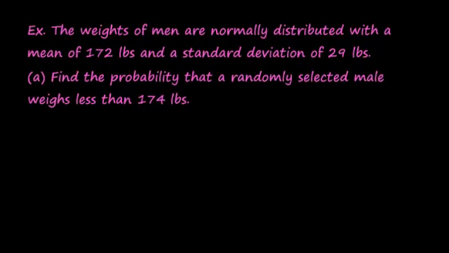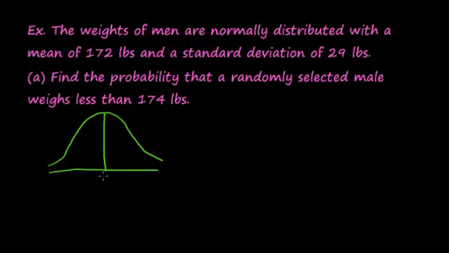And so recall that we said we would sketch, label, and shade the curve. Get our normal curve here with our mean at 172. And we're interested in this value 174 or less.